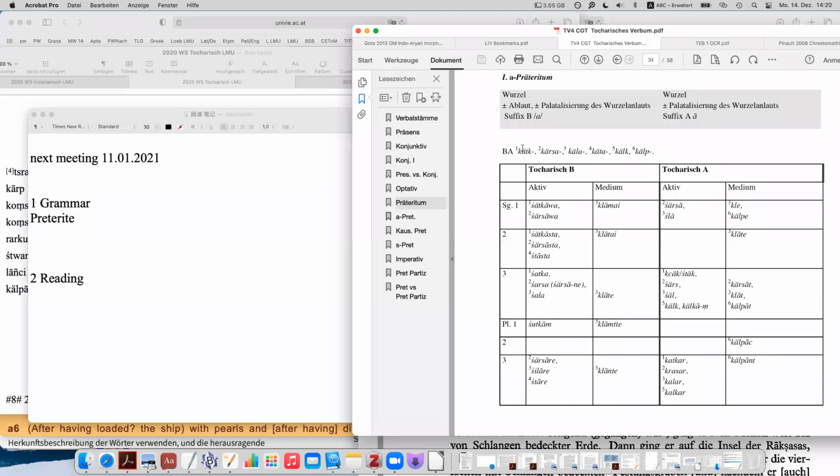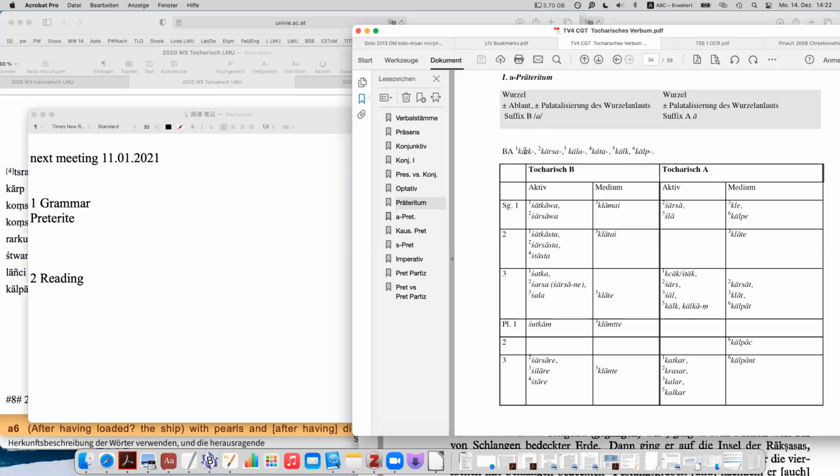Here are several verbs: kut, kersha, klar, kut. Now we don't actually need to know the meaning. We just check the formation of the first class. It's called A preterite. It means that we have a suffix A after the root and before the ending.